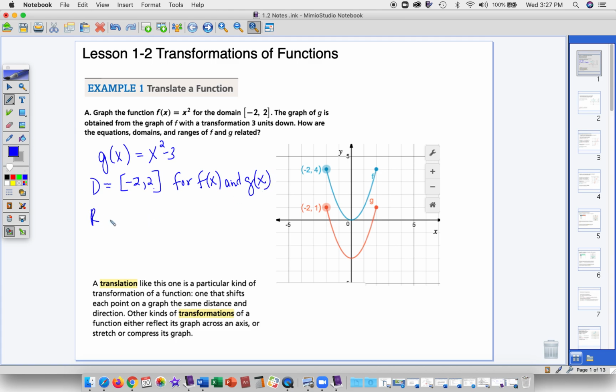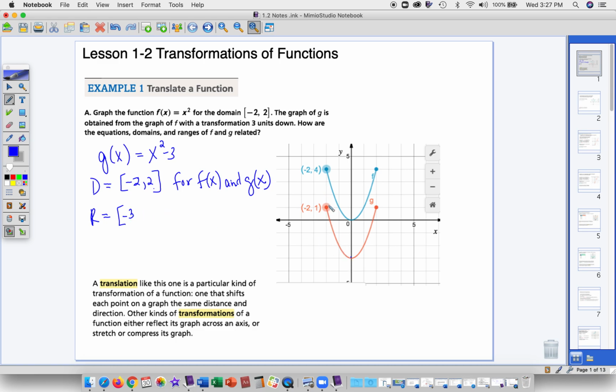Okay, the range. Now we're going to have a difference in range, because remember, range depends upon the y values. So if I look at g of x, the lowest point on g of x is down here at -3. So it starts at -3, and we're including that value.